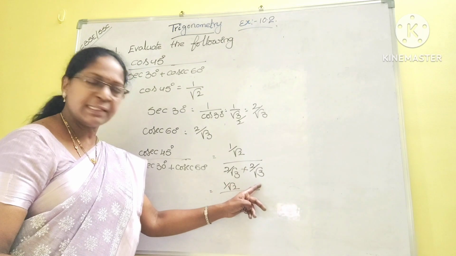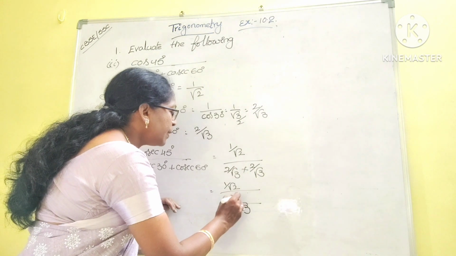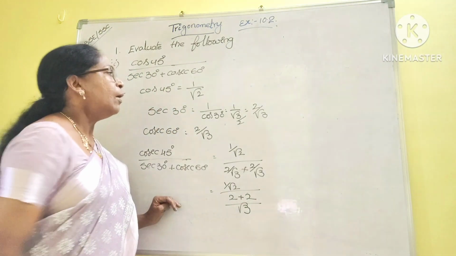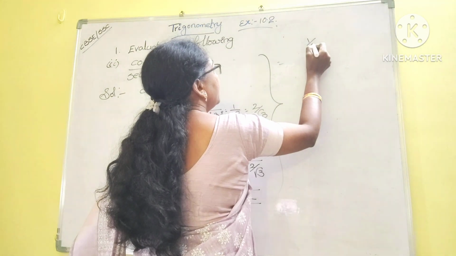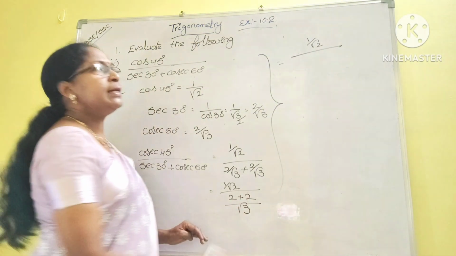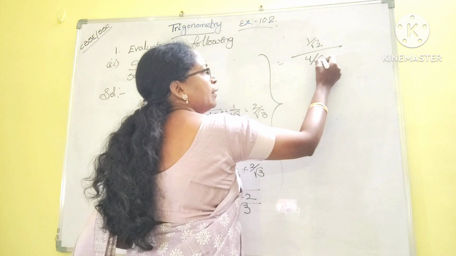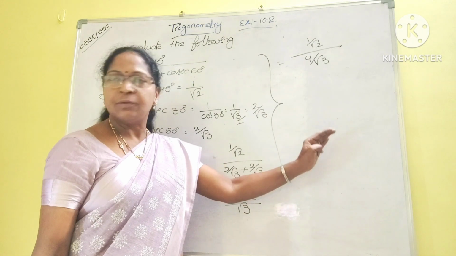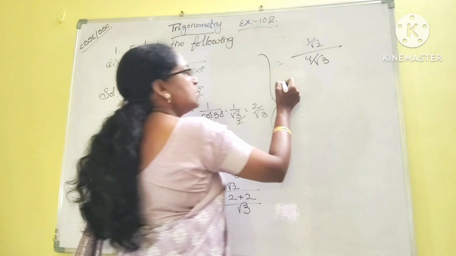Whenever the same denominator is there, you can directly add the numerators. So 2 plus 2, 1 by root 2 by, here 2 plus 2 is 4 by root 3. Now again you have to simplify. Fraction divided by fraction: how can you simplify?